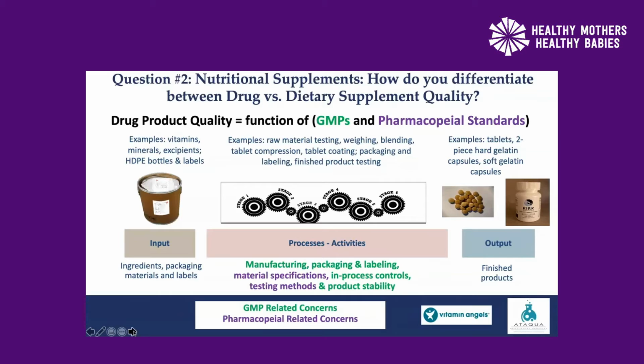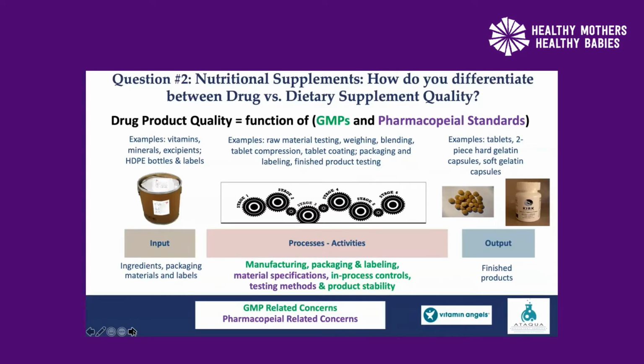Secondly, we need to understand that quality requirements for the manufacture of drugs, dietary supplements, and even foods are controlled by 2 things: good manufacturing practices, often referred to simply as GMPs, and also product quality standards, or more specifically, pharmacopeal and/or compendial standards.